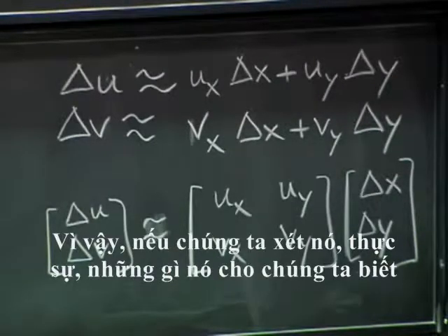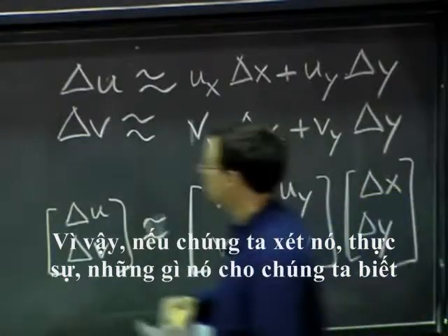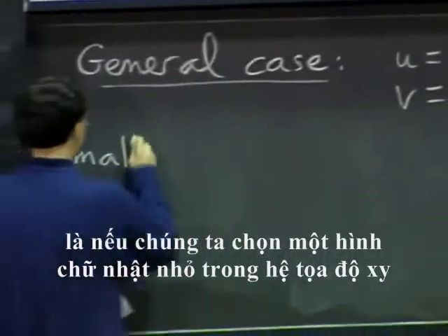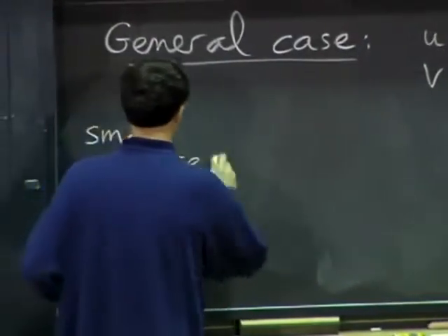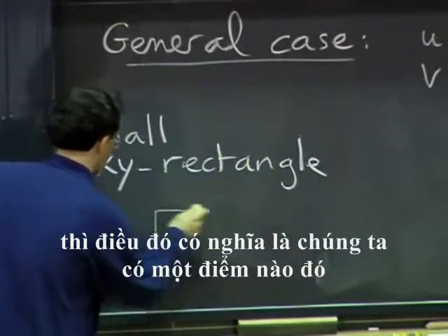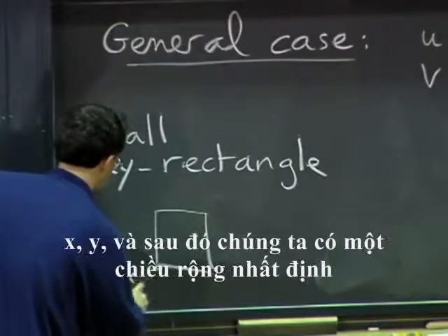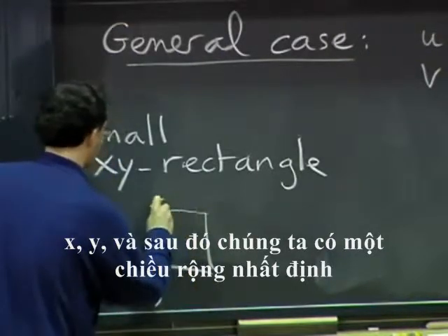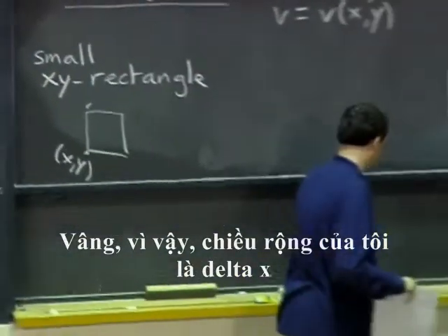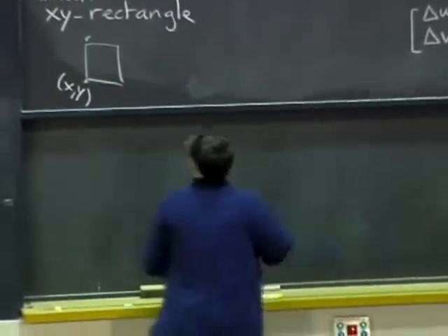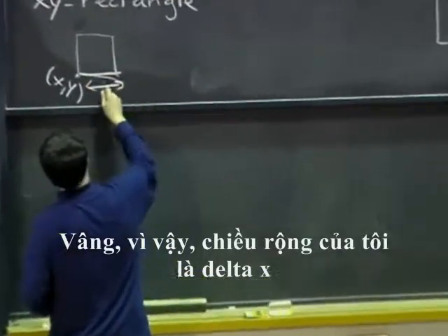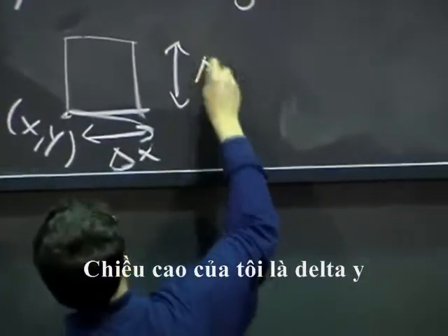So if we look at that, what it tells us is that if we take a small rectangle in xy coordinates, so that means we have a certain point xy, and then we have a certain width. I have my width delta x, I have my height delta y.